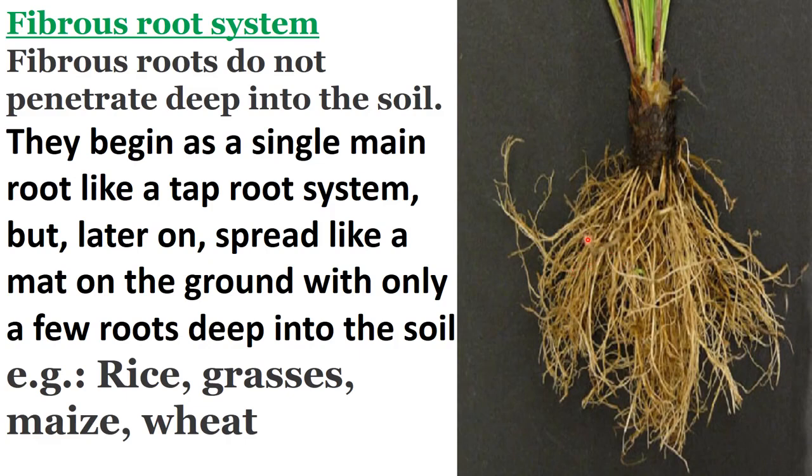Many similar type of roots will arise later on, and those roots will make a mat-like structure on the ground and will spread like this, as you can see here. And these are not deeply penetrated in the soil. Only a few roots of these can penetrate deeply into the soil. Now these are some examples of the fibrous root system: rice, grasses, maize, wheat. In all these, the fibrous root system is found.